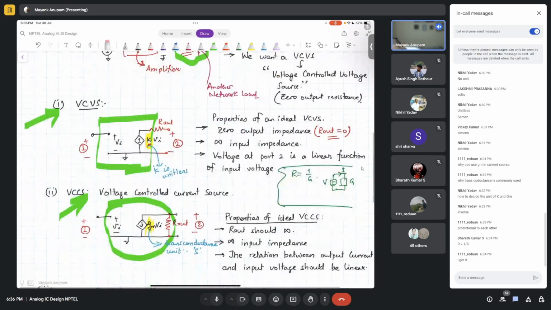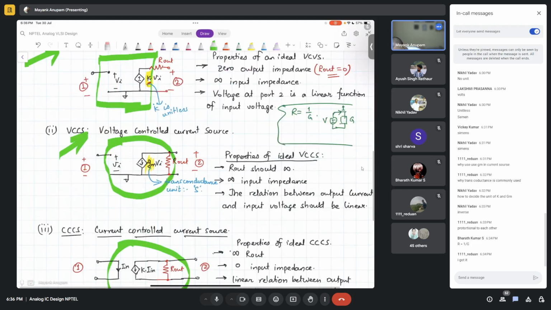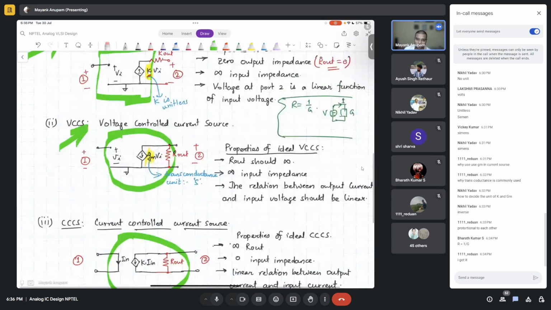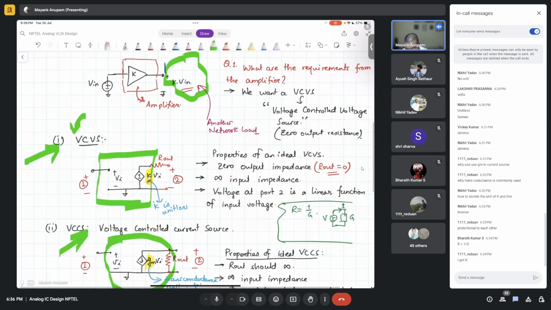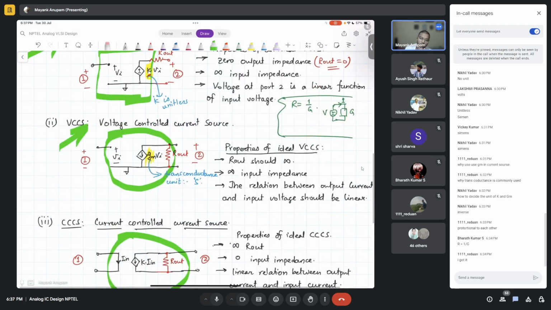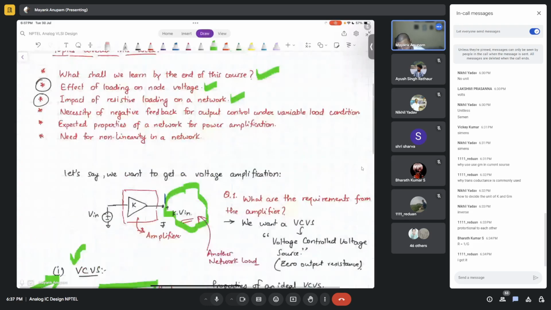So if you know how to make a voltage controlled voltage source, you will automatically know how to make all the other three controlled sources. If you know how to make any one of the four controlled sources, you can derive the others from that only. Okay, so you will observe that this happens.